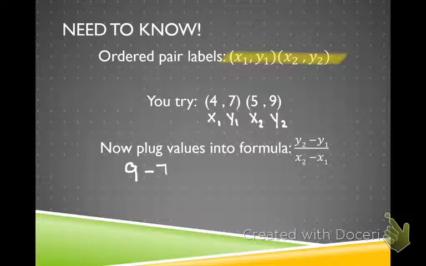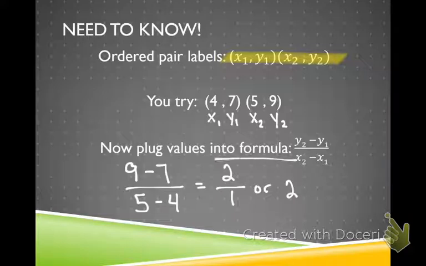Okay, so 9 minus 7 over, what's my x2 value? 5 minus 4. So when you subtract them, you get 2 over 1, or you could just say 2.